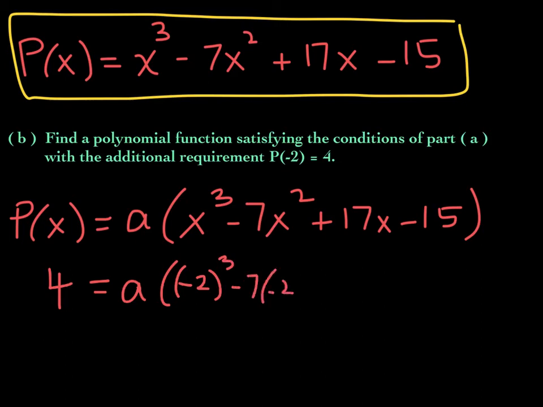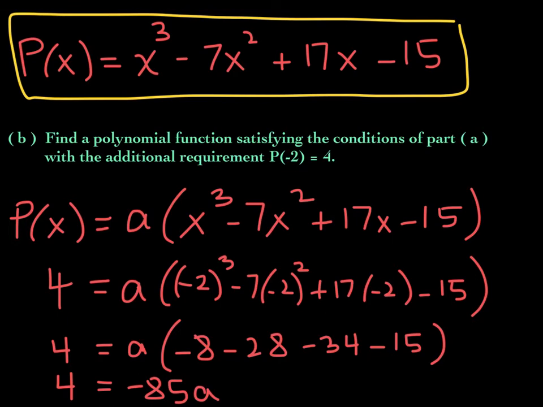So if I can squeeze it all in here, I think I can. There we go. So basically, it's at this point just isolating a, like what does that coefficient need to be in order for p of -2 to really be 4. So you're going to see me simplify all of this and then solve for a.